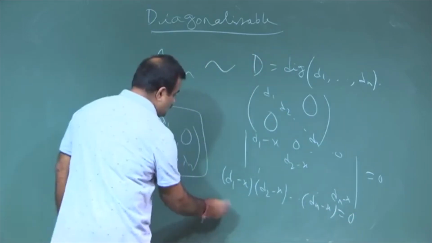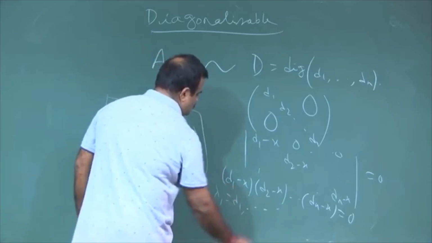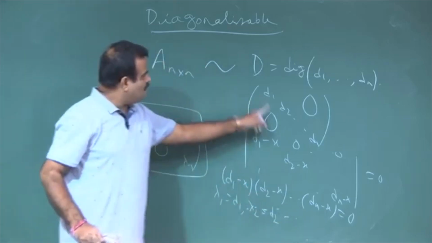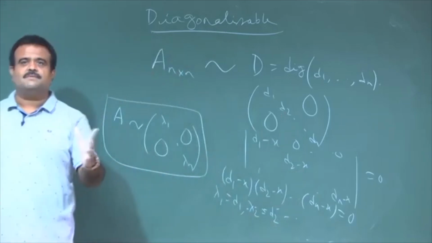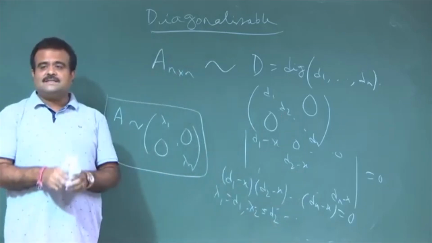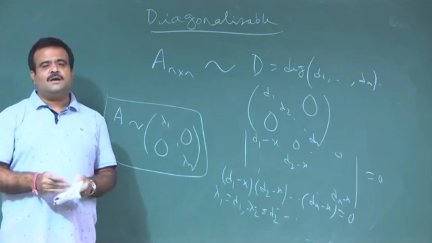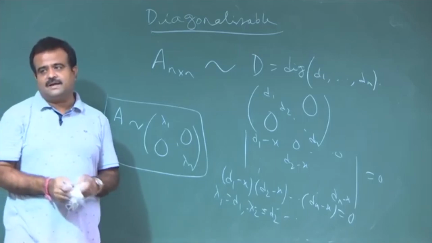So the eigenvalues are nothing but D1, D2, and so on, which are the eigenvalues of A, because they have the same eigenvalues. So if A is diagonalizable, it will be similar to the diagonal matrix whose diagonal elements are the eigenvalues.